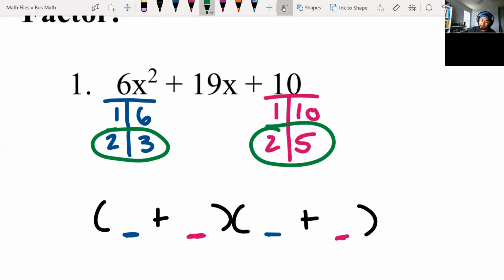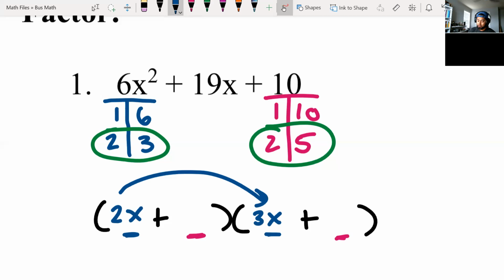Okay, so I'm picking 2 and 3, which means I'm going to put 2x here and 3x there, because 2x times 3x makes 6x squared. And then I'm going to put 2 and 5 in the last positions, but you have to be smart about how you place these numbers.